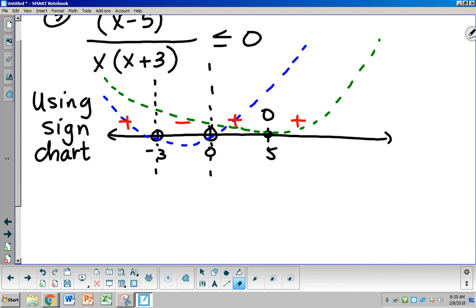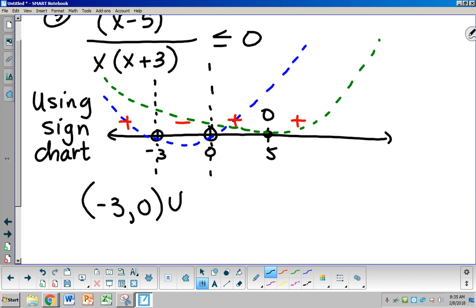So let's write that off the sign chart here. So where are we going to start? Good. -3 to 0, but I'm going to use parentheses. Good, because of the asymptotes. And with just 5.